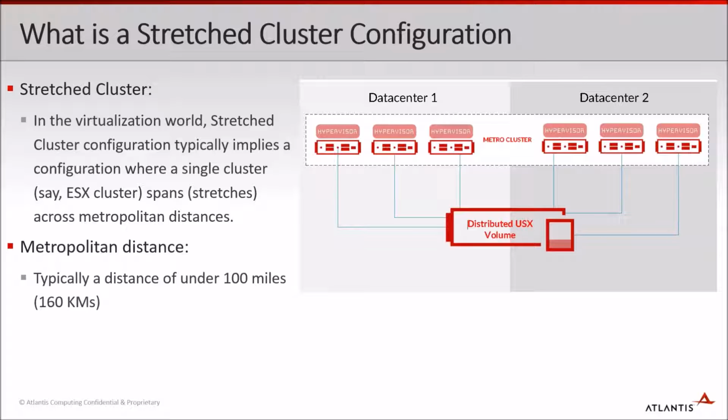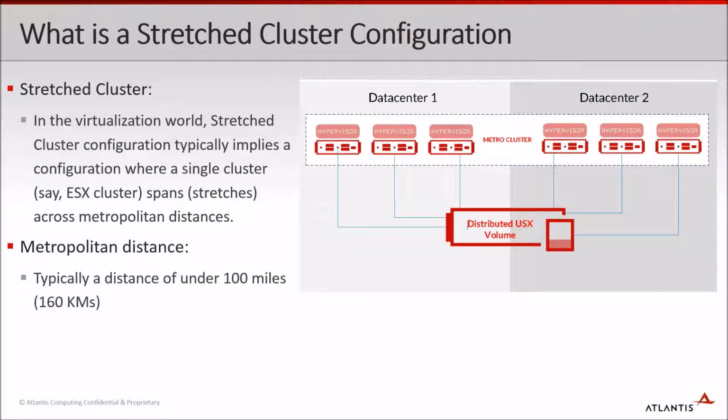The key requirement there is that every single I/O that goes to the storage device needs to get replicated in a synchronous fashion to the other data center. And so that limits the distances that can be between the two sites, because if the distances are too large, then for every single I/O you would have a lot of latency.